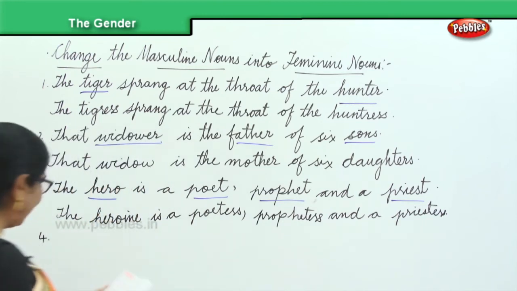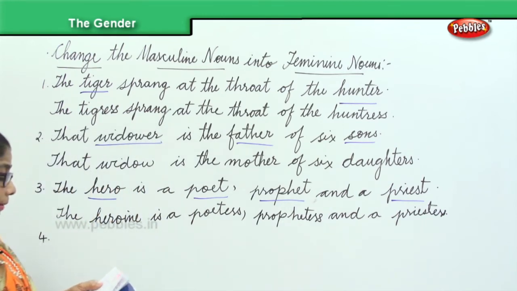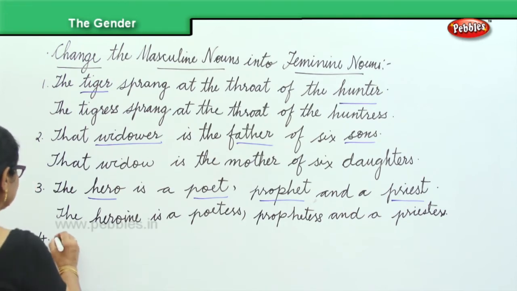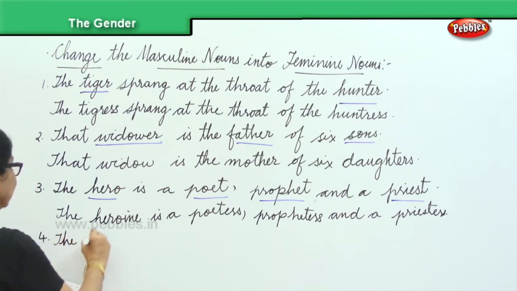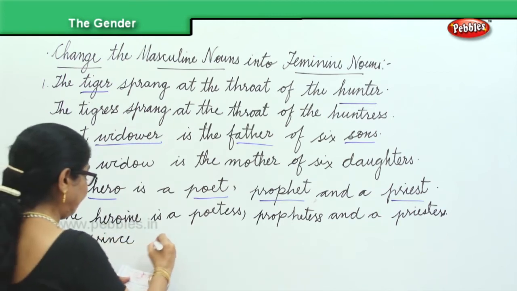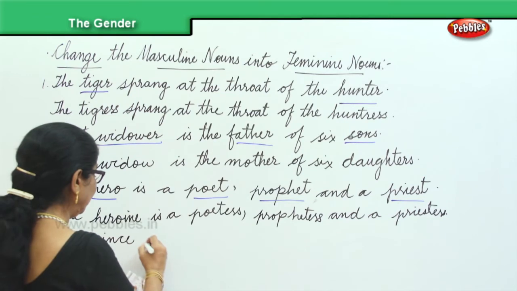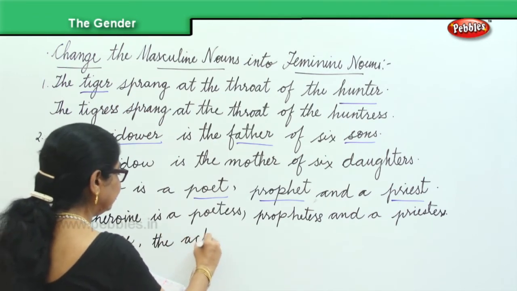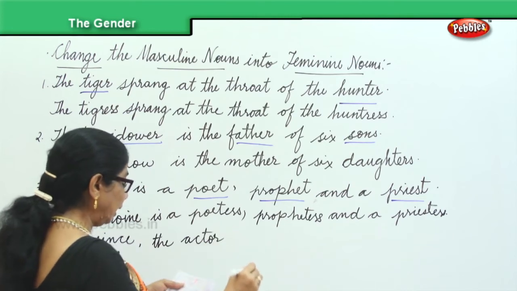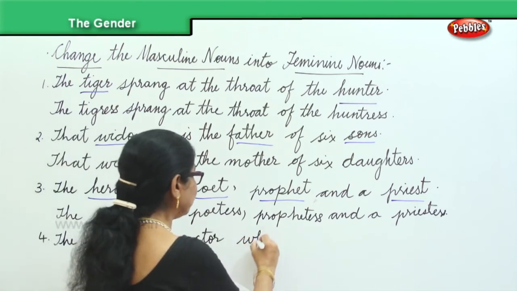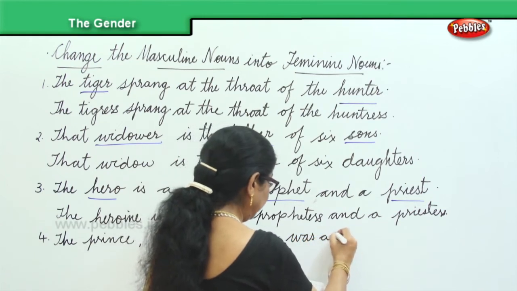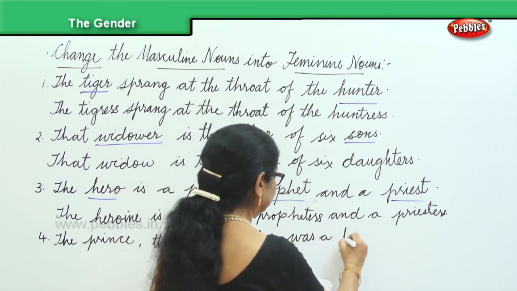I think we can do one more, and that is: the prince, the actor, who was a traitor.